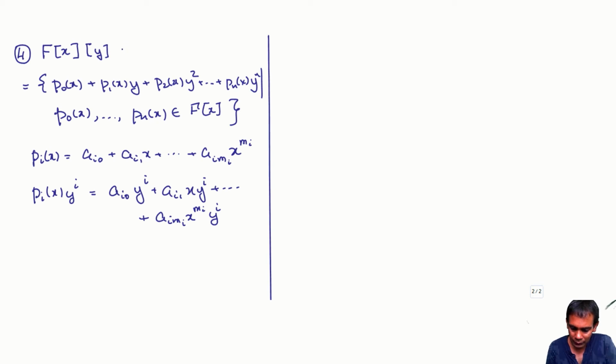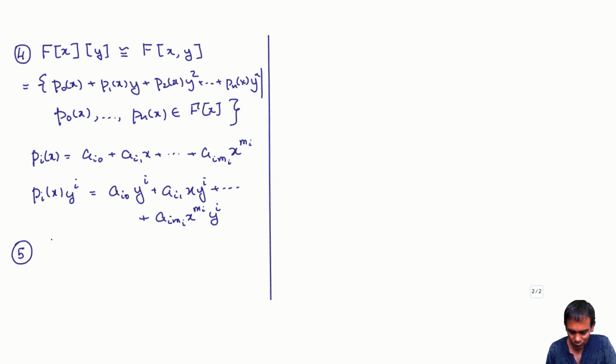So you can think of a polynomial in y whose coefficients are polynomials in x as a polynomial in x and y. And so the ring is isomorphic to polynomials in two variables F of x, y. The isomorphism is defined by just expanding out these coefficients and getting polynomials in two variables. So this is an example of a ring isomorphism.